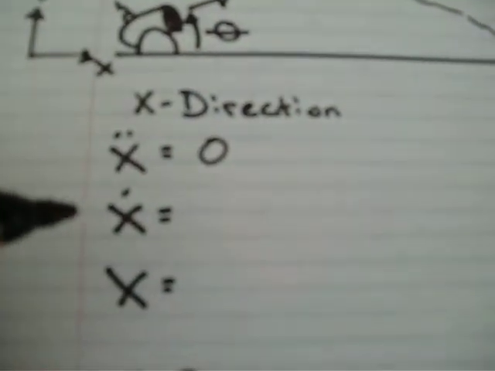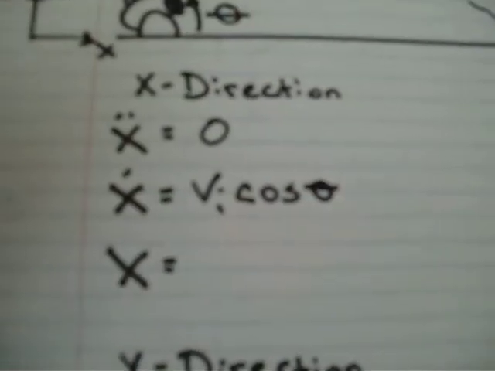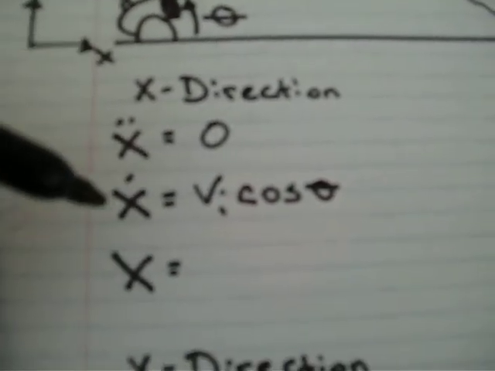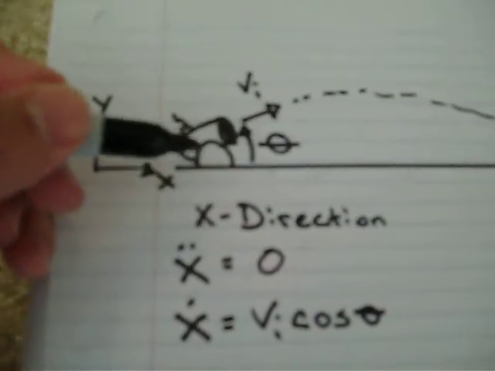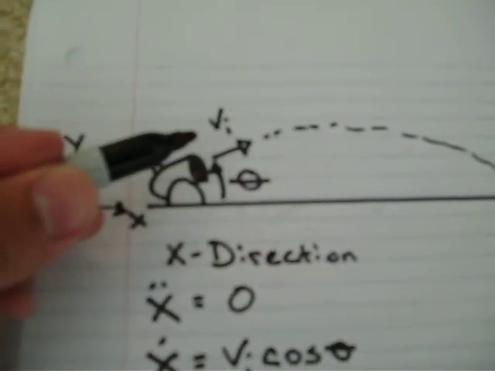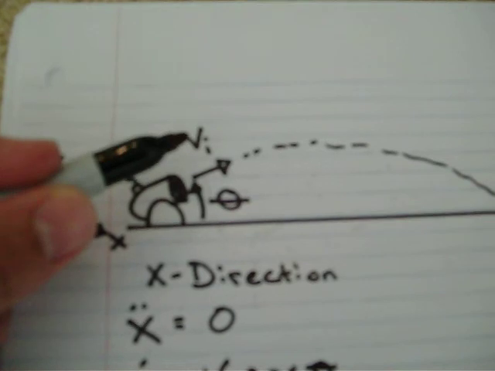So its speed is the initial velocity times cosine theta. In regards to the x direction, its speed is the initial velocity cosine theta, which kind of makes sense. You look at it, it's at some given angle, and it's being fired off with an initial velocity.